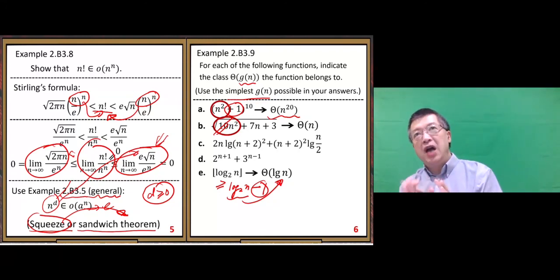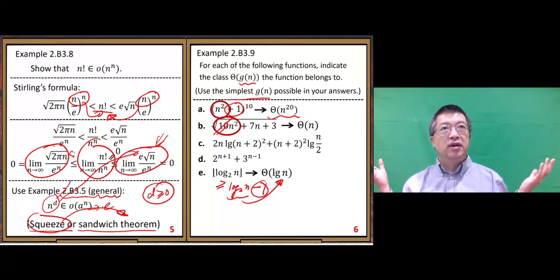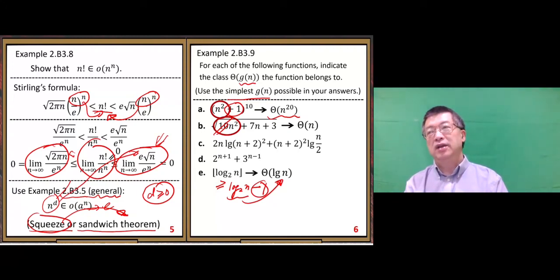So in computer science context, when people write LG, that means base 2. In math, when people write LG, that means base 10. Because in math, the most frequently used base for the numeral system is 10. In computer science, most frequently we use the binary base. So that's why here we use 2.